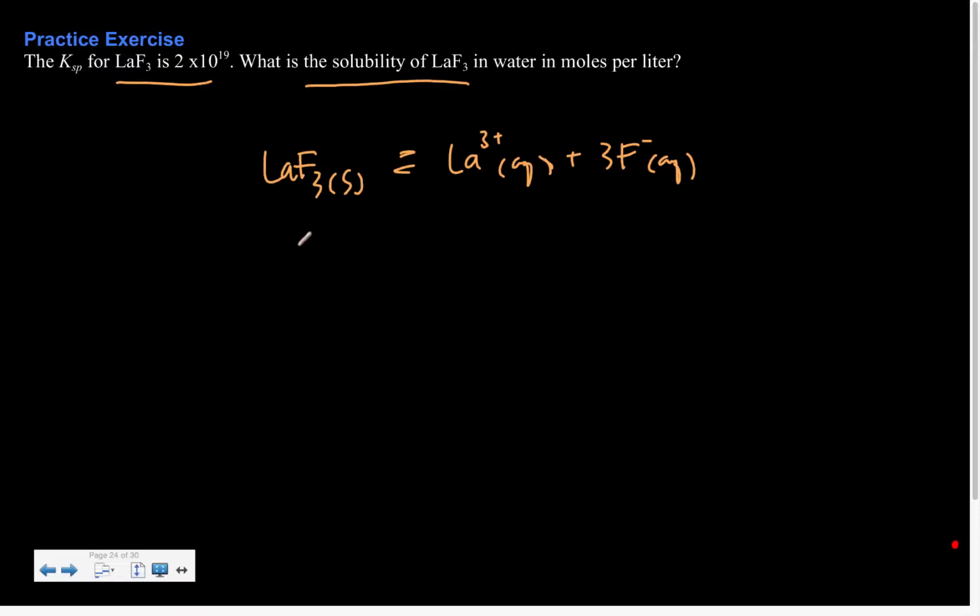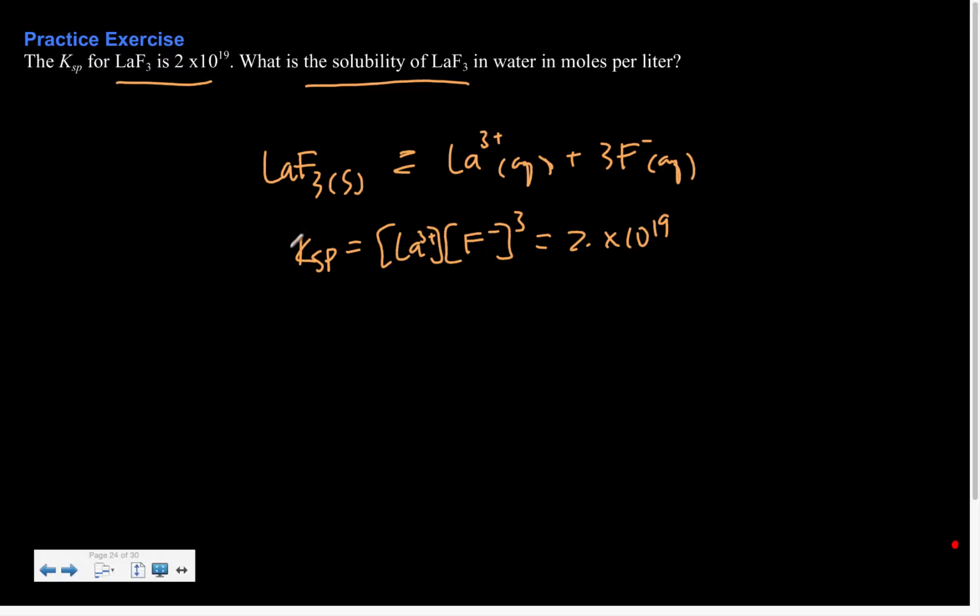I know that my Ksp is equal to this times this to the third, and this is equal to 2 times 10 to the 19th. Now, I'm looking for solubility. So what is it I'm actually looking to solve for? I'm looking for this, which would tie to this, and is in a 1-to-1 ratio with how much actually dissolved, which is what solubility is, how much dissolves.